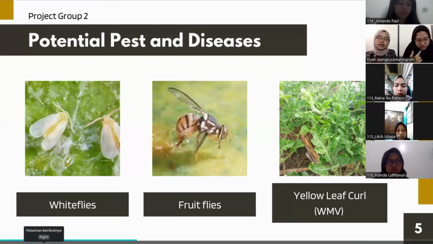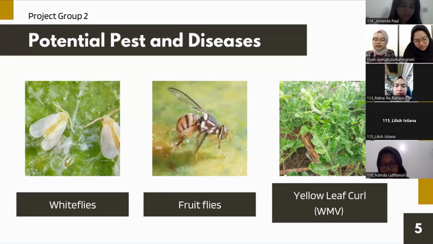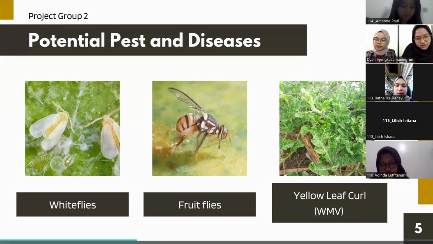And then there are fruit flies. Fruit flies perch on fruit to lay eggs. The eggs hatch into maggots, which prey on the flesh of the fruit for several days, and then enter the ground to pupate until they emerge as young fruit flies.